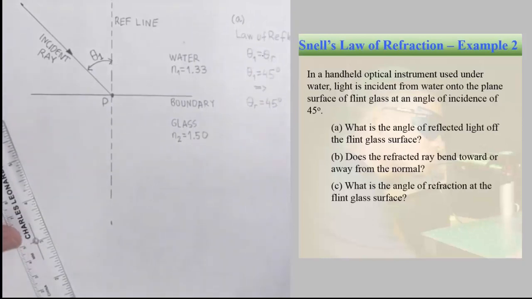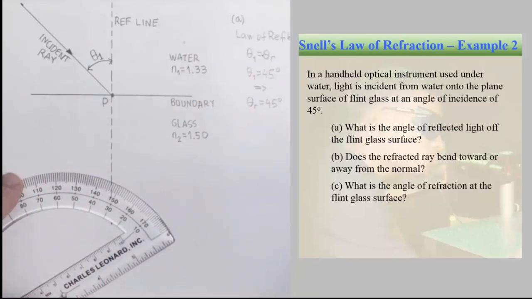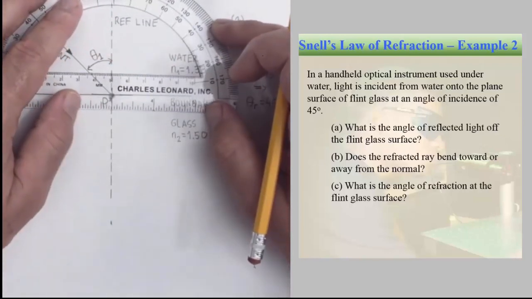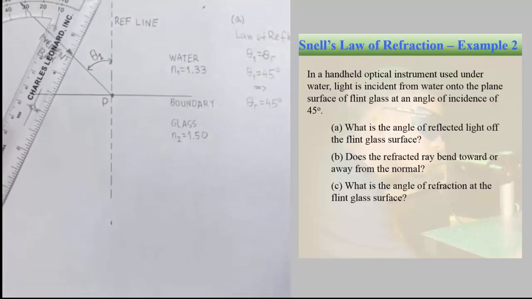If you want, you can use the sketch on the left hand side to further construct the ray tracing diagram, where you're going to be measuring an angle of 45 degrees over on the other side of the reference line. That's going to represent the reflected light ray. Constructing this sketch is not required in this problem, but it is always good practice to try to provide a correct geometrical sketch, because sometimes you're going to be using the geometrical sketch to figure out a solution to a specific math problem.